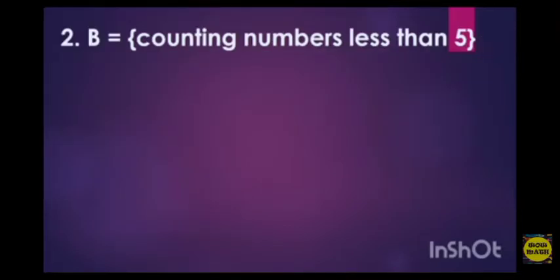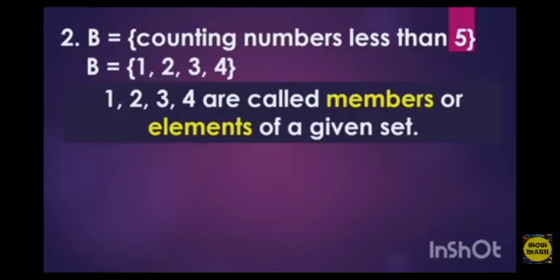Example number 2, we have set B is a set of counting numbers less than 5. So what are the numbers less than 5? We have 1, 2, 3, and 4. If it is said counting numbers less than 5, based from the definition of counting numbers, it should always start with 1.